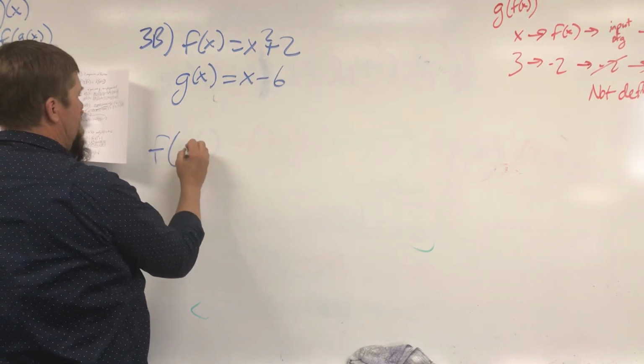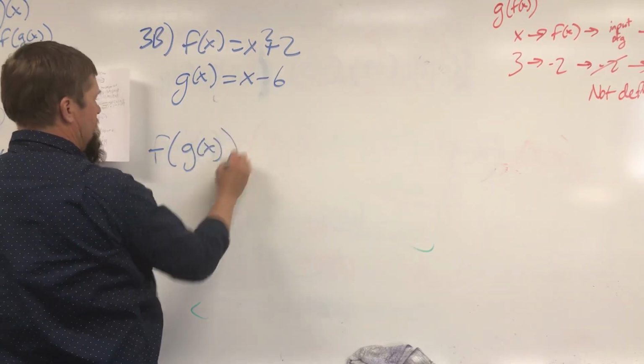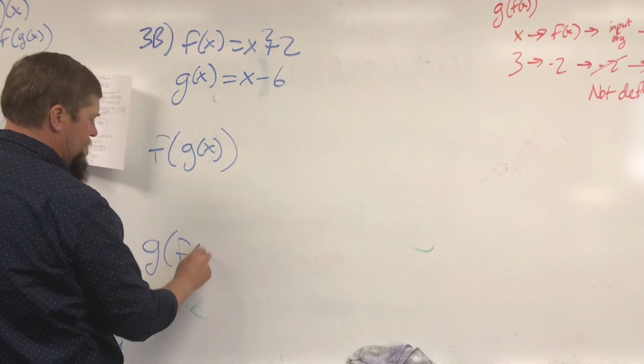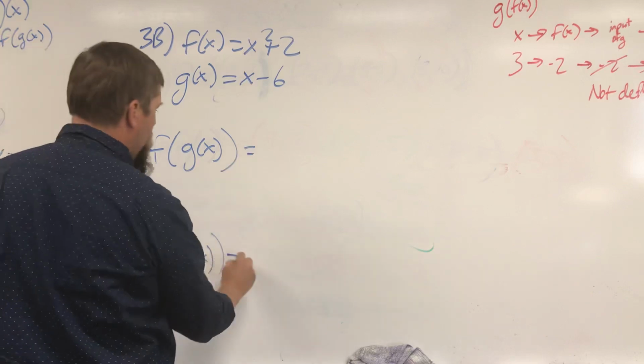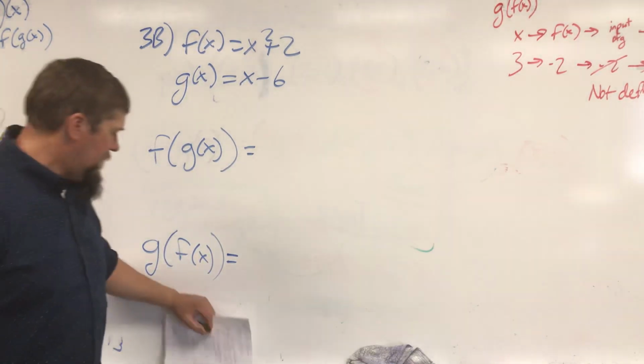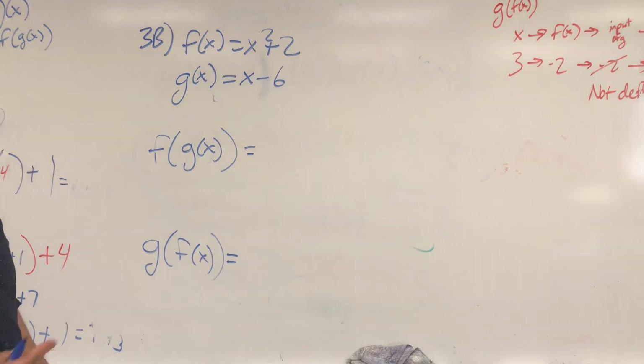I want to find f of g of x, and then I'm going to find g of f of x. So if you want to pause the video and try it, go ahead and do that, and then start it back up again, and I'm going to finish it right now.